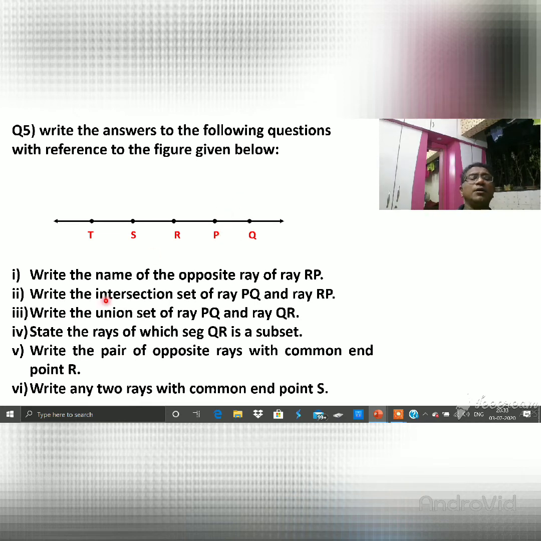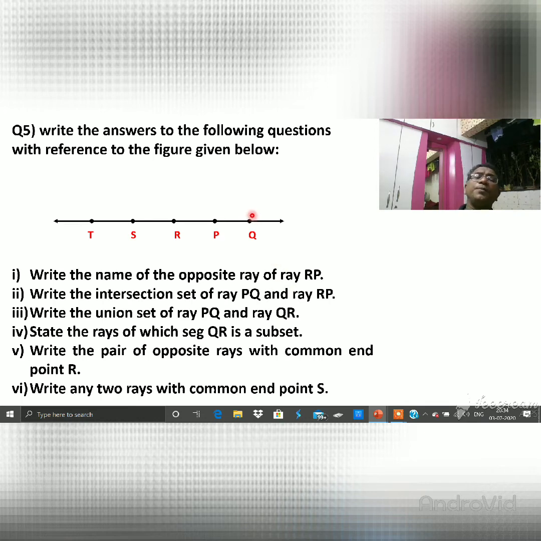Is that clear? Then the third one, the union set of ray PQ and ray QR. So ray PQ started from P and is going towards Q. The starting point is P, and Q is unlimited, so that can go ahead. Then here is ray QR.